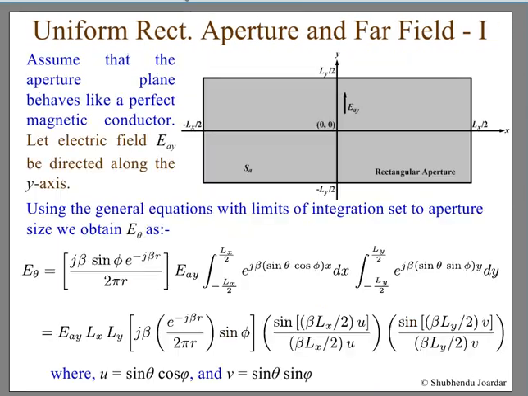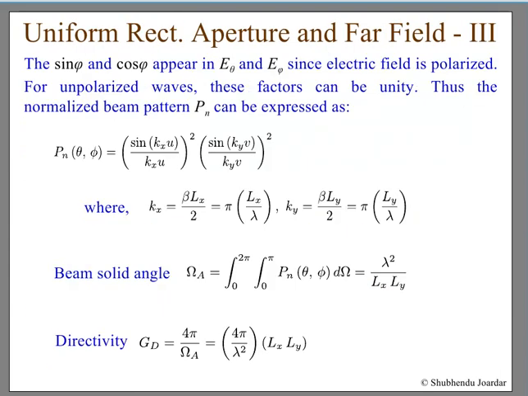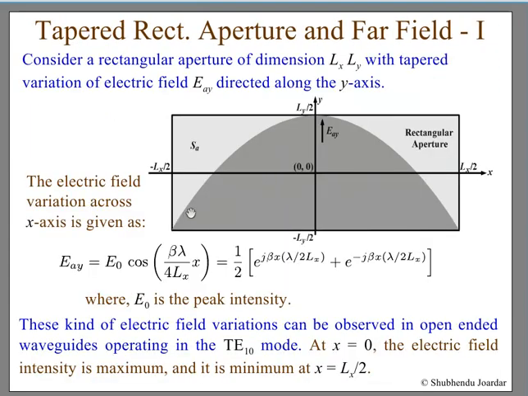Okay. Before that, you see this diagram. This is uniform. So electric field here is the same as electric field here, is the same as electric field here. But here in this diagram, the electric field is less here, is 0 here, and maximum here. So this is called tapering. You have tapered at the edges.